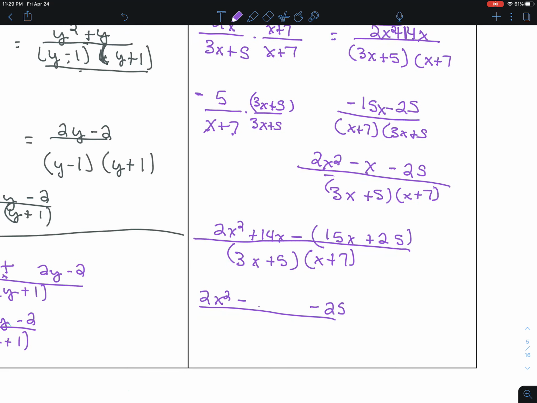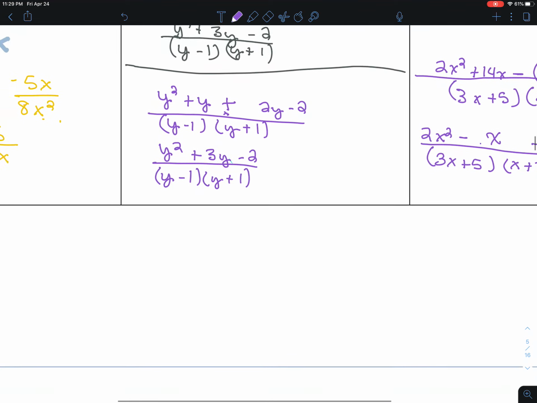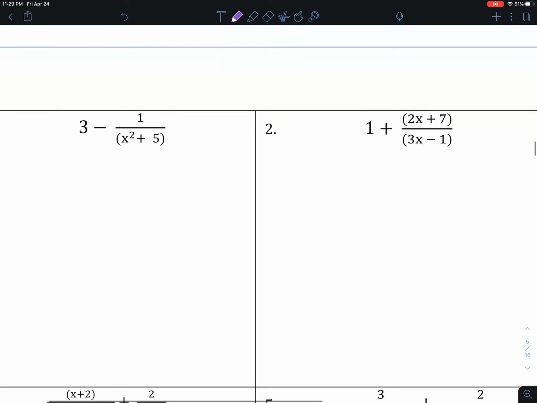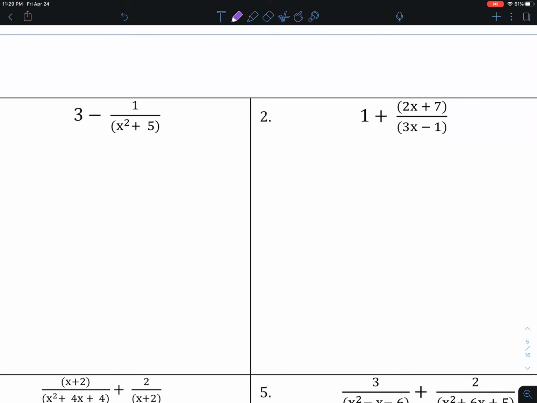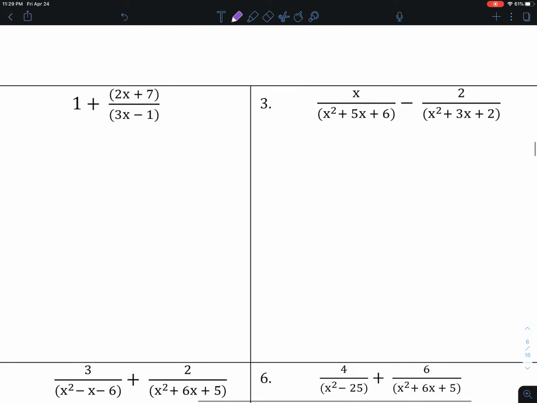And that's what we got here, 2x squared minus x all over 3x plus 5, x plus 7. So you decide which way you like better. The shortcut way does not work well on problems that have more than one factor.